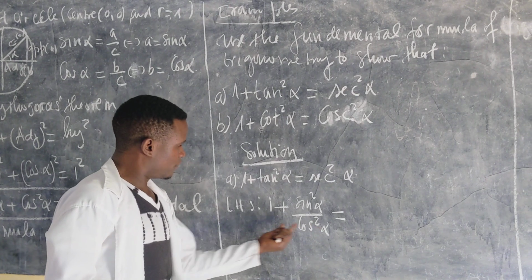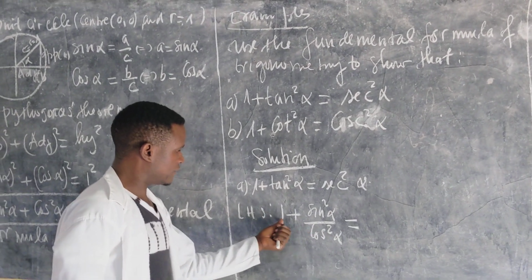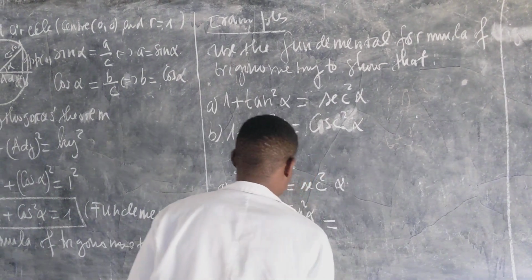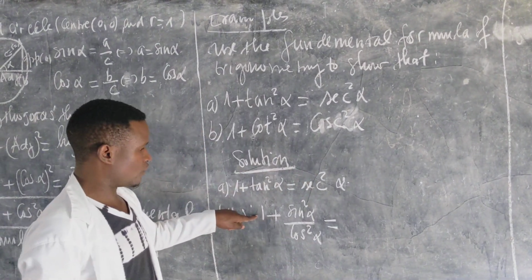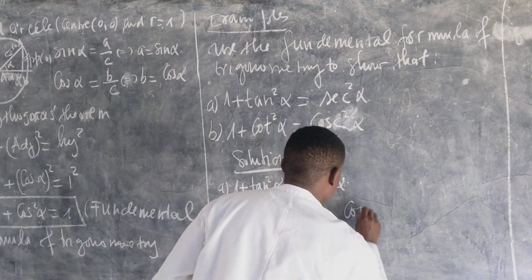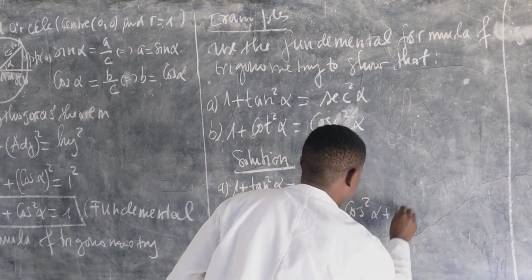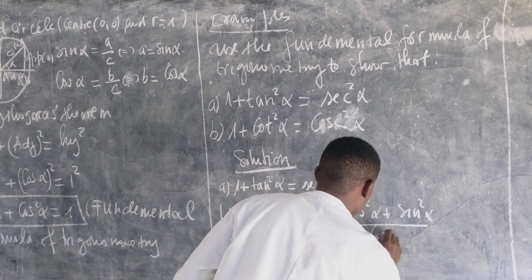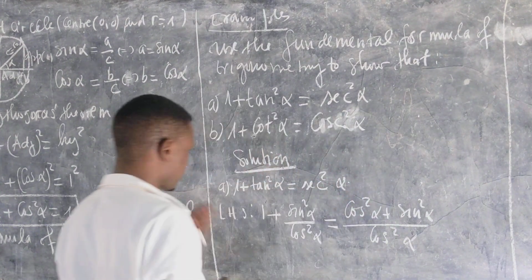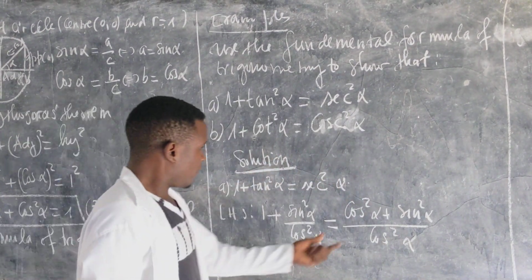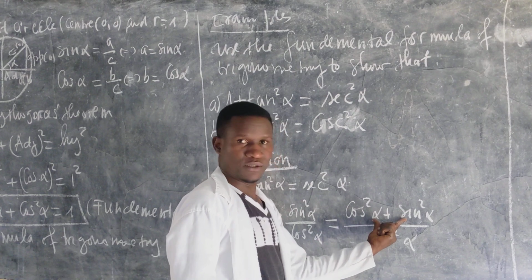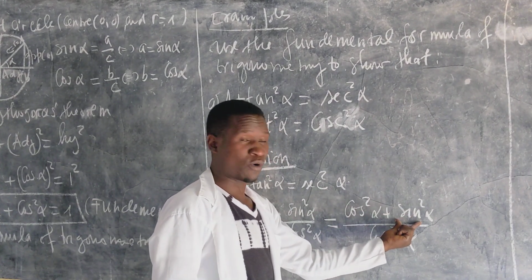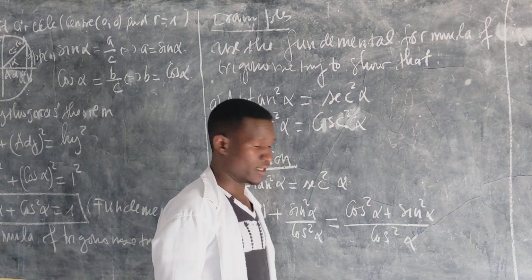We can put this fraction and this number on the common denominator, so we multiply cosine square by 1 to get cos square alpha plus sine square of alpha divided by cos square of alpha. From the fundamental relation of trigonometry, cos square of an angle alpha plus sine square of an angle alpha is equal to 1.